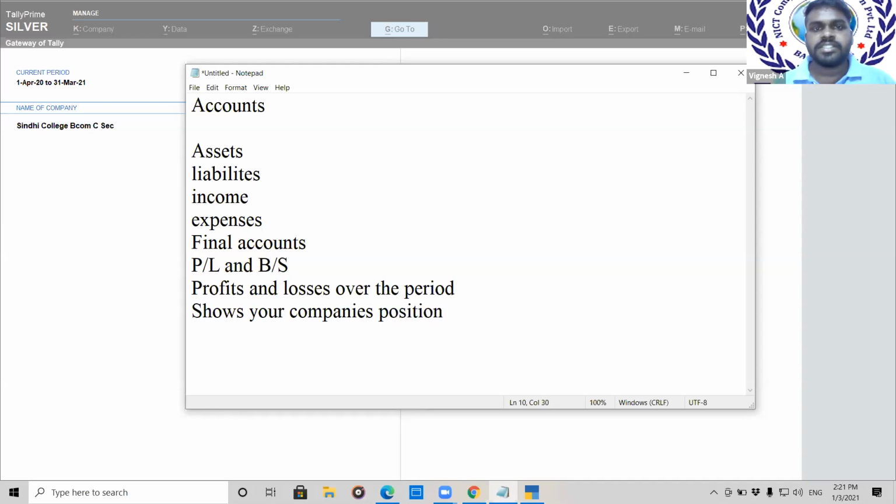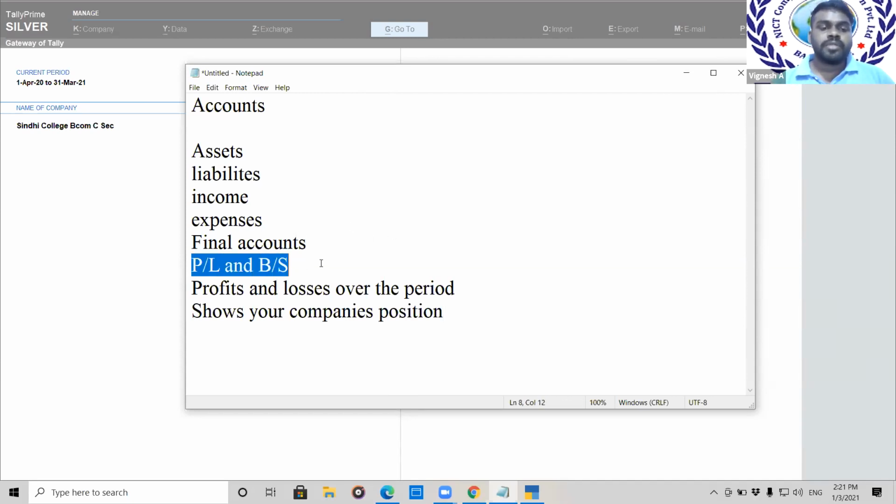If there are investors or shareholders, they only see your company's balance sheet, how your company stands, whether they can invest in your company or not. The balance sheet will show everything: how the company is performing, what its assets values are, how much value of properties it has, what the losses are, how many liabilities it has. All those things are shown in your balance sheet only.